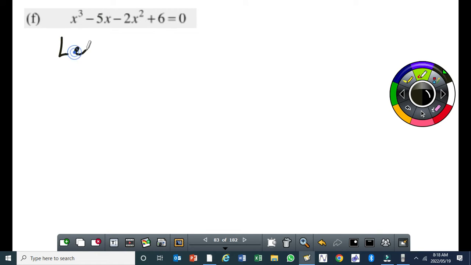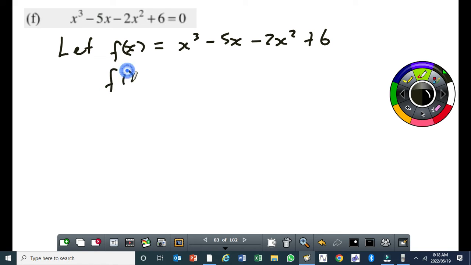So I'll say let f of x be equal to x cubed minus 5x minus 2x squared plus 6. Then we do trial and error to determine the first factor or the first solution. So we start with x equal to 1.